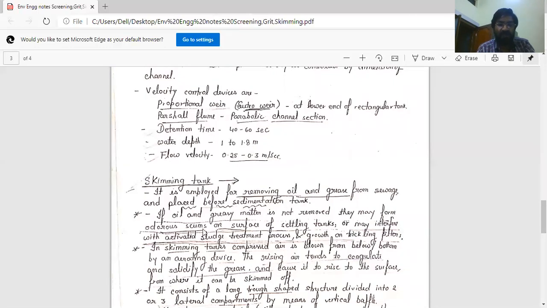If oil and greasy matter is not removed, they may form odorous scum on surface of sedimentation tank, or may interfere with activated sludge treatment process and growth on trickling filter and choke the filter voids.